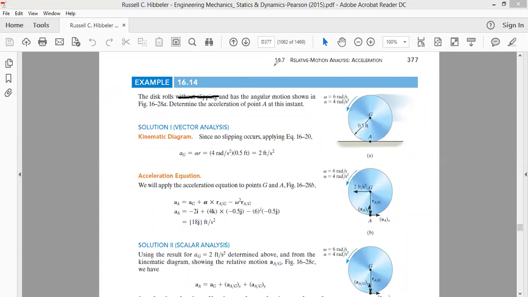So the question is the disk rolls and has an angular motion as shown in the figure. We have a disk and this disk is rotating anti-clockwise. Its angular velocity is 6 radian per second and its angular acceleration is 4 radian per second square.